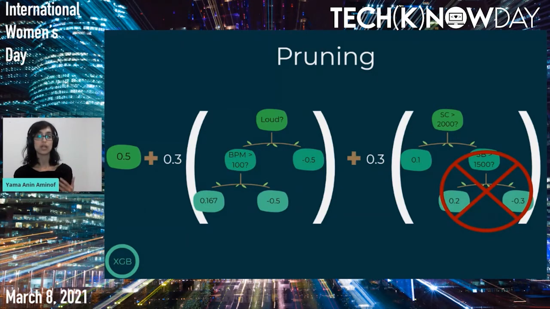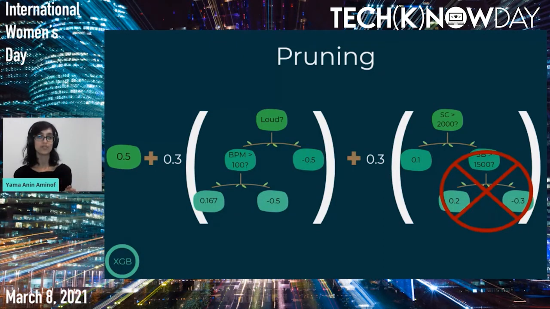When we built the tree, we calculated the gain, which is sort of similar to the Gini we mentioned in the decision tree, that helped us pick the best feature and threshold for each split. Now we use the gain to decide if we're keeping that split or pruning it. We choose a threshold, and if the gain is below that threshold, we prune the split.